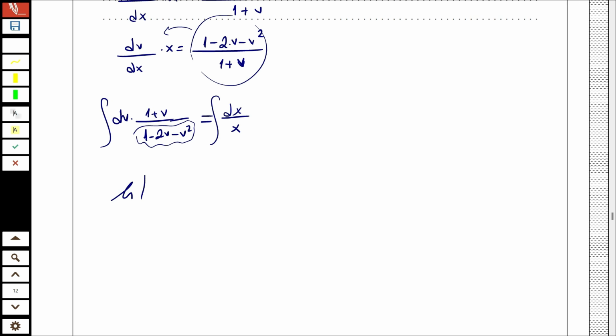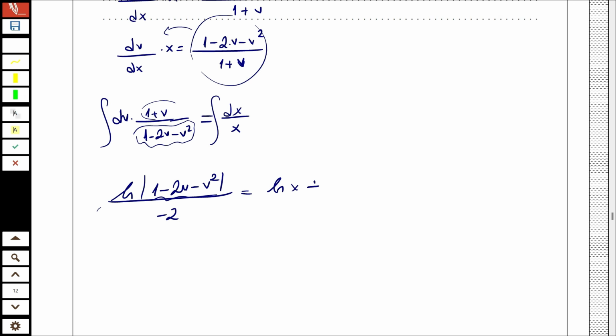Actually, this is ln, and you can write the absolute value of 1 minus 2 times v minus v squared. And when you see that the derivative of this expression is minus 2 minus 2 times v, in this case, we need to divide it by minus 2 to cancel this minus 2 and just remain 1 plus v. On the right side, you can also write ln x, because I know that you can also check from the formula booklet that the integral of 1 over x is ln x.